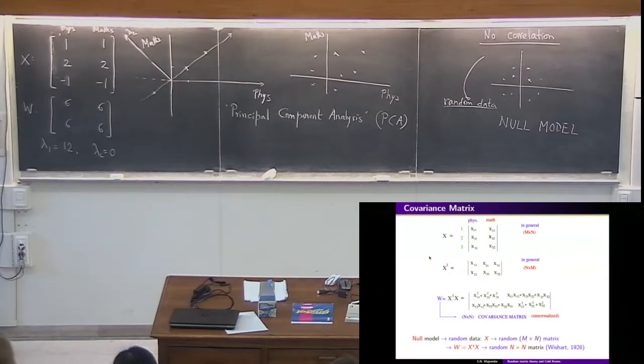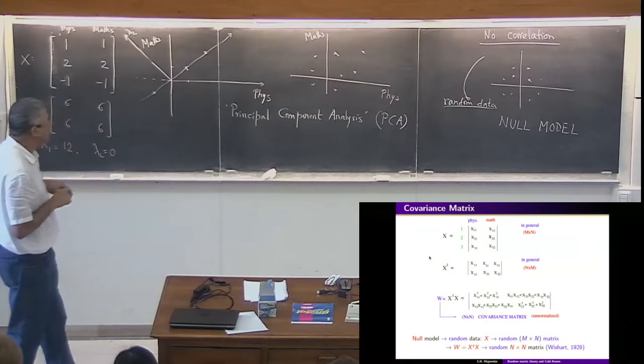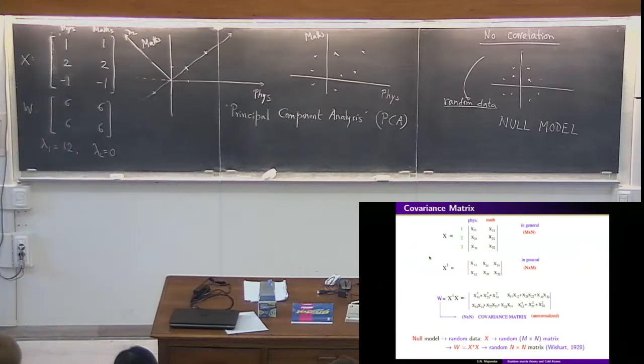Because you don't want to deal with a huge amount of data, you want to keep the relevant correlations and throw away all the other unnecessary data. This is called dimensional reduction. It is also used in techniques like DMRG and other things, where you throw away unnecessary data.